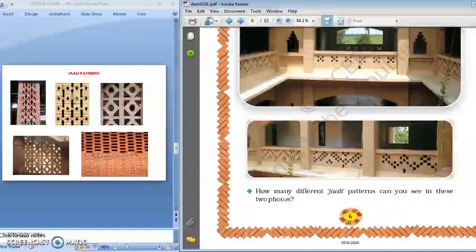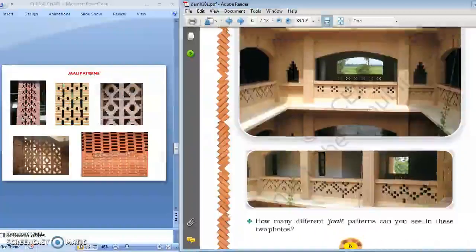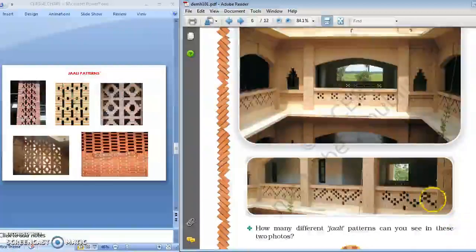How many different jali patterns can you see in these photos? Okay, let us see. See, this is in the form of V. So this is one jali pattern. Again, another jali pattern is upside down V. Can you all see upside down V? Then this is the third jali pattern which we could see.